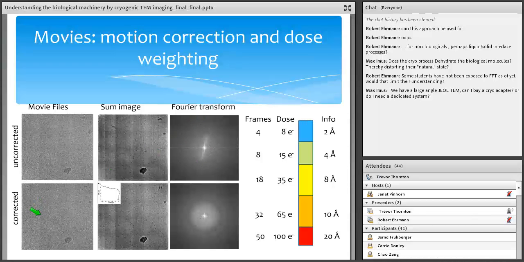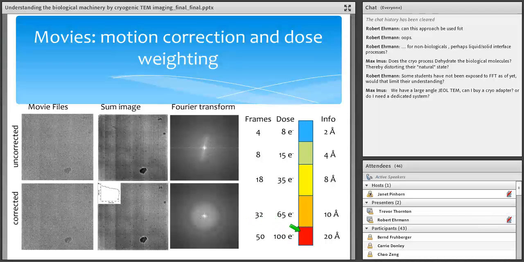So when we correct it, one, you can see the particles are much easier to see now, and our Fourier transform is restored so that we have rings in all directions out to very high resolution. So if you think about that, we have multiple frames, and we know what the dose is per frame. And so now we know, based on experiments done over the past 10 years, what resolution is going to be available to us of the molecule based on how many electrons have passed through it.